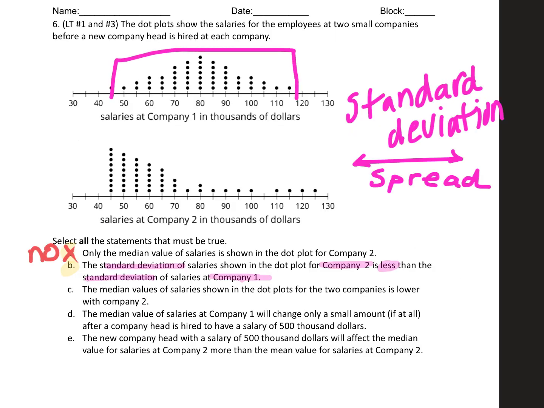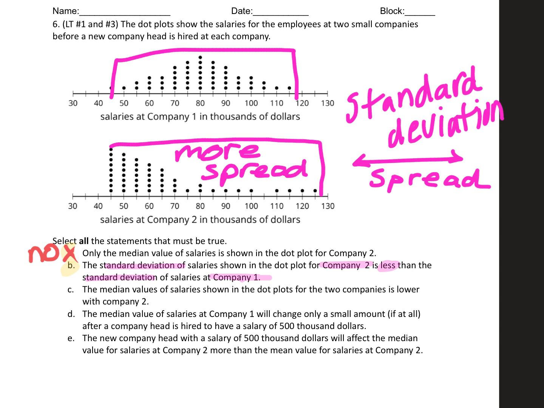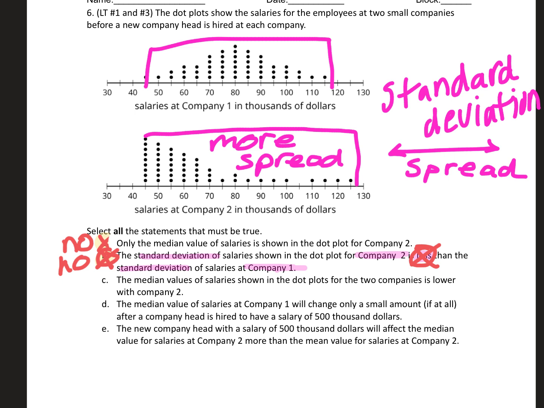So if we look at the spread of the two dot plots, this one is more spread, which means it has a greater standard deviation. So company 2 is not less than company 1. It's going to be more spread. So option B is a no.